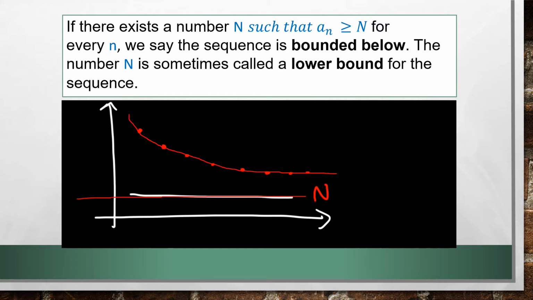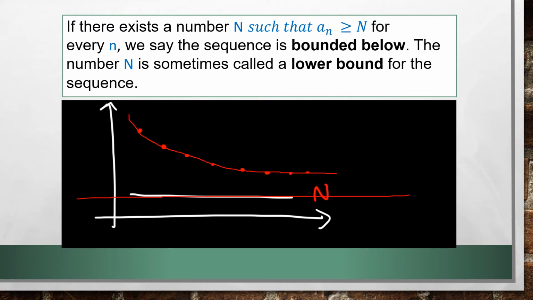Now, with the given graph, either one of the sequence terms will be equal to n, or none of the sequence terms will be equal to n, meaning the graph will not touch this line.